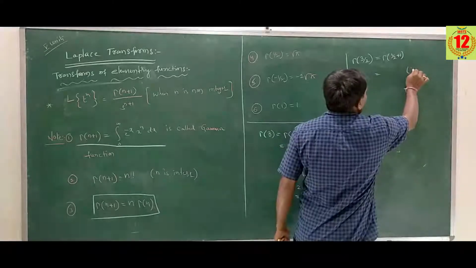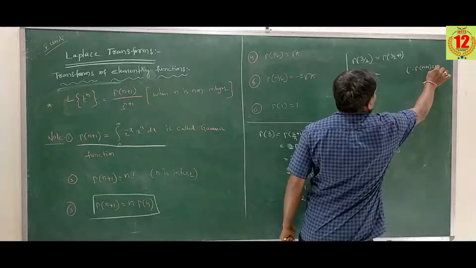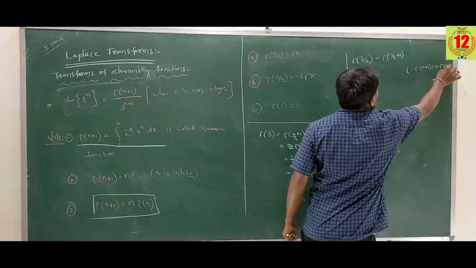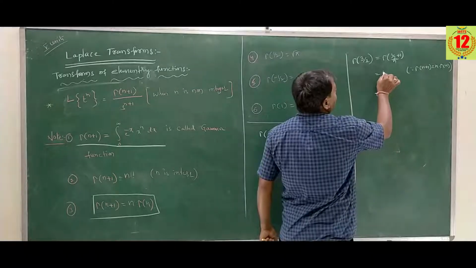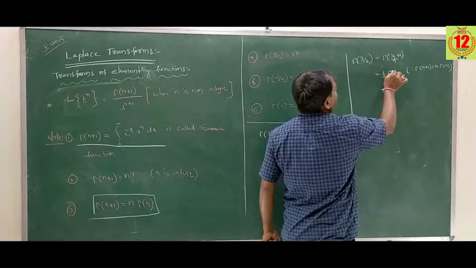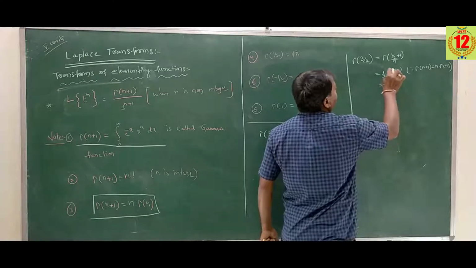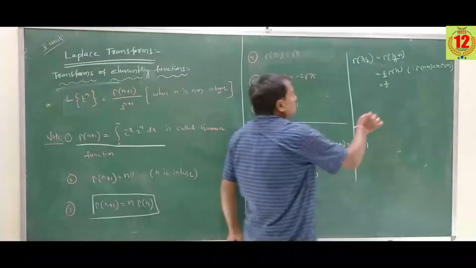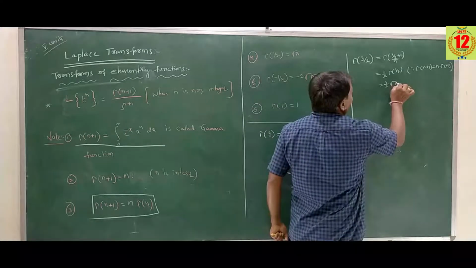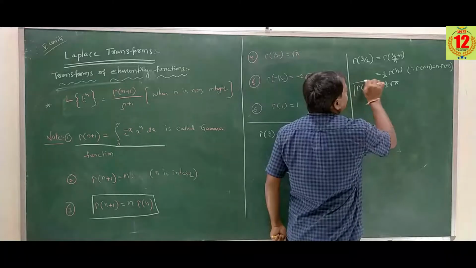Here, now since gamma of n plus 1 equal to n into gamma of n, what is n here? n equal to 1 by 2. So therefore, 1 by 2 into gamma of 1 by 2. Already we know that gamma of 1 by 2 equal to, this is the standard value, root pi. So this is gamma of 3 by 2 value.